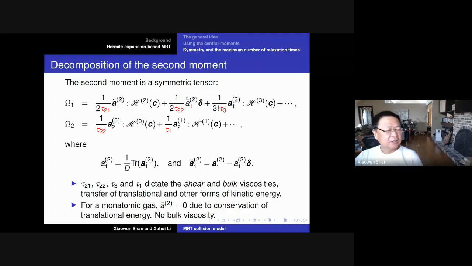Actually, 2 of them must be equal due to energy conservation requirements, so you end up with 4 relaxation times. One controls the shear viscosity, one controls the bulk viscosity, and the third and the last control the heat flux of translational kinetic energy and the kinetic energy of other degrees of freedom.